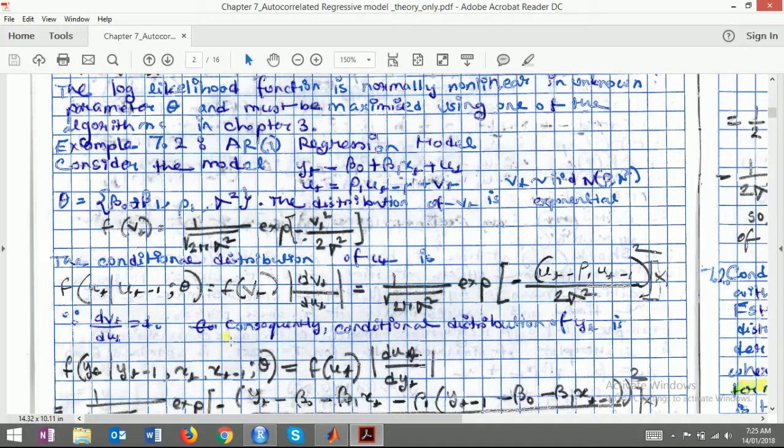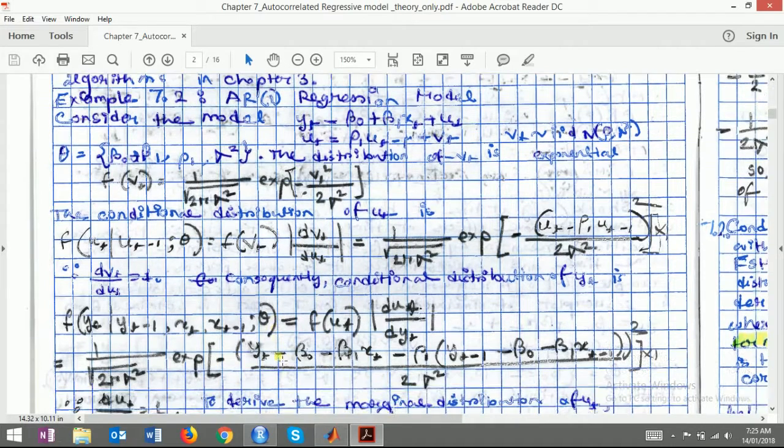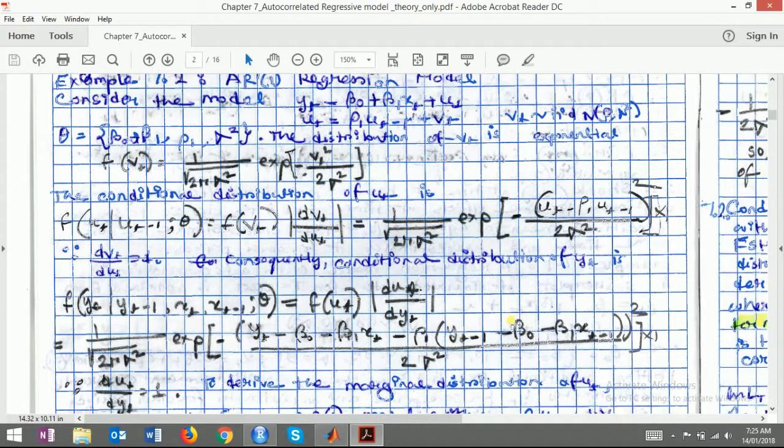Now dvt by dut equals 1, so nothing is coming from here. The function is this, simply ut minus rho 1 ut minus 1 whole square, just like before. Remember, v is the residual here.